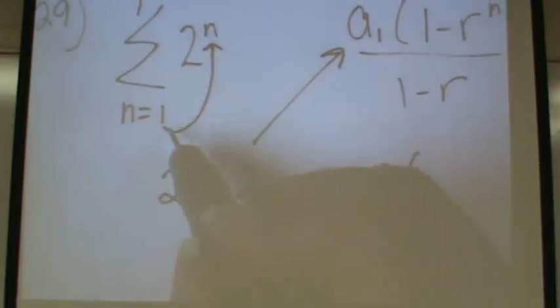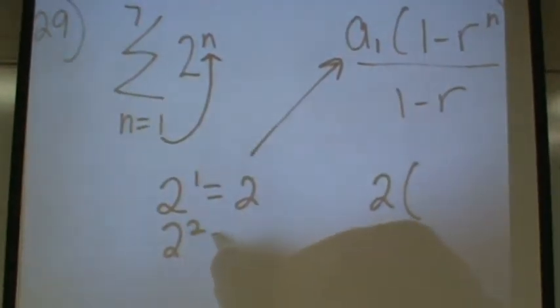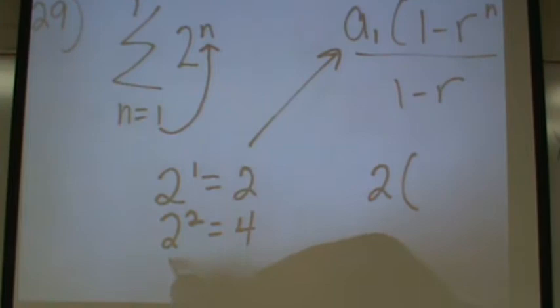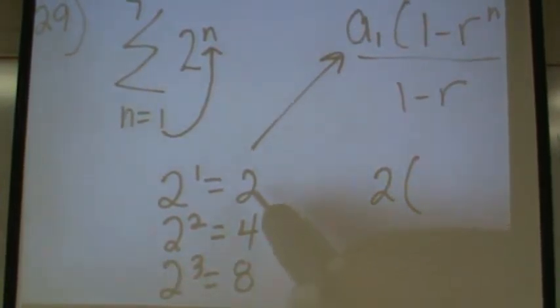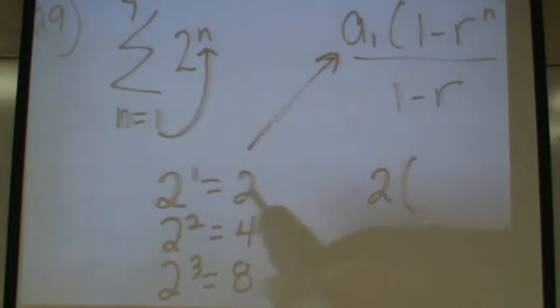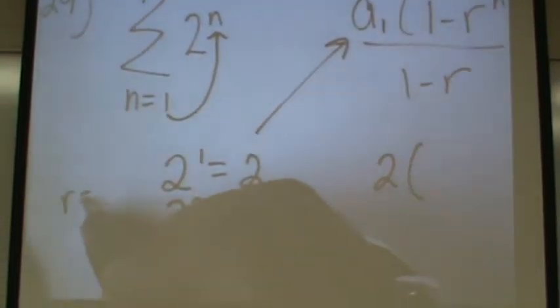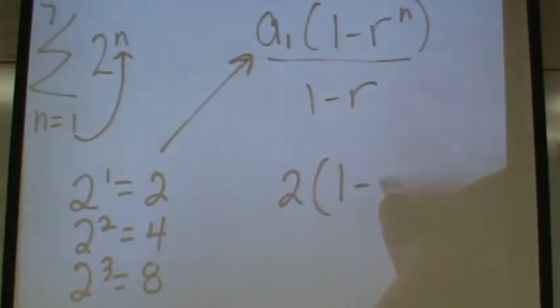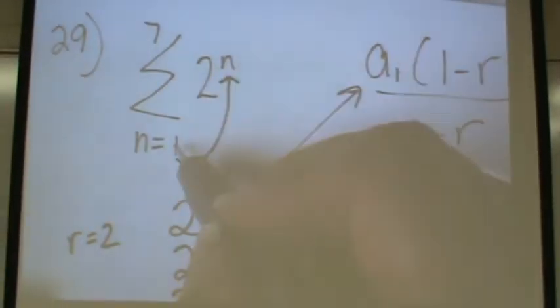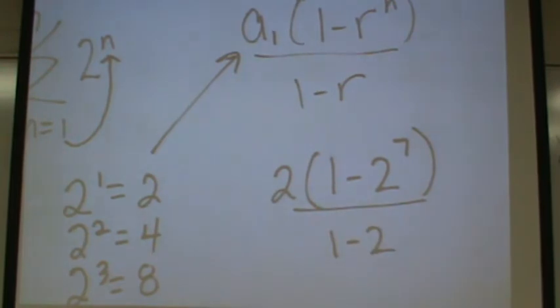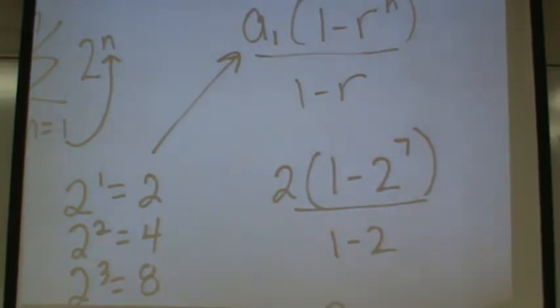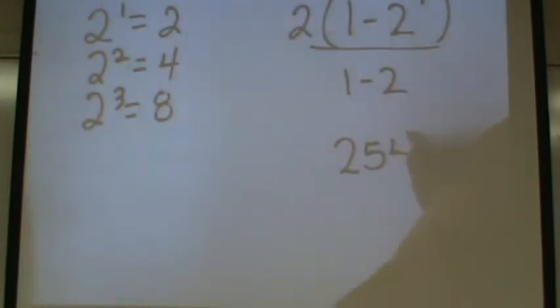Next in line is 2 to the second, which is 4. If you wanted the next one, 2 to the third is 8. So how are you going from 2 to 4, 4 to 8? Multiplying by 2. So r is 2. So 1 minus 2, and you're adding 7 of these terms together over 1 minus 2. So when you do this, you should get 254 as your sum.